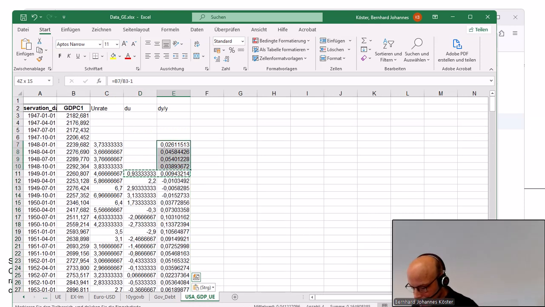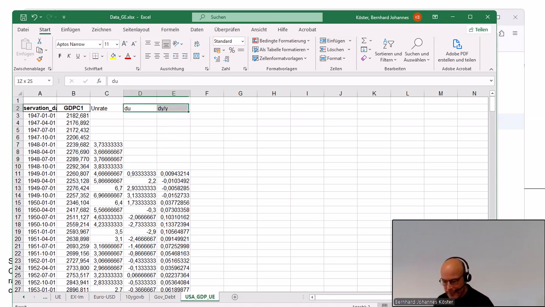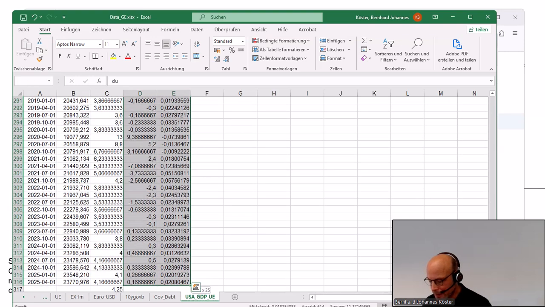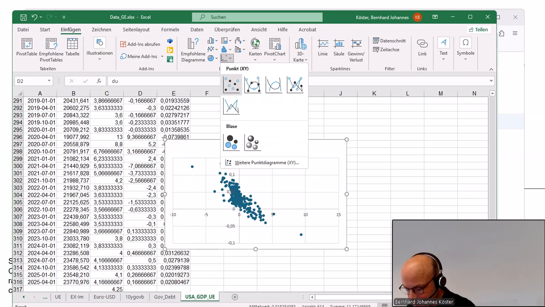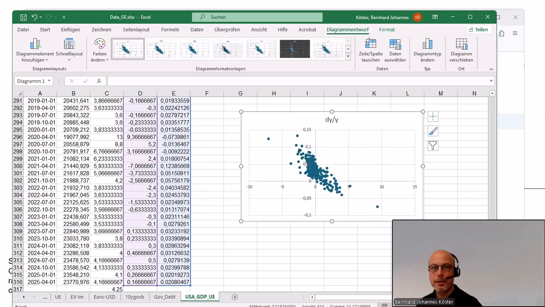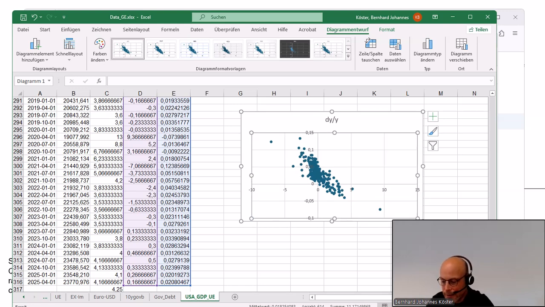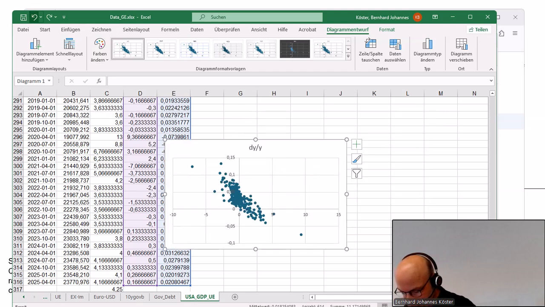And this we don't need because we have no data for the unemployment. And then hopefully now it looks better than my picture from yesterday. And here you then nicely see this negative dependence.